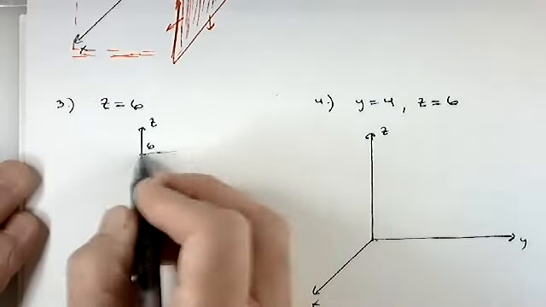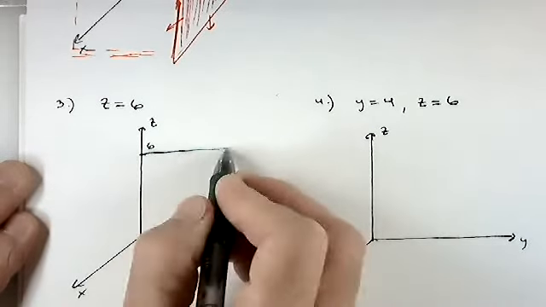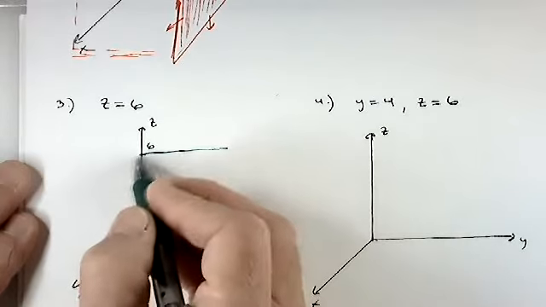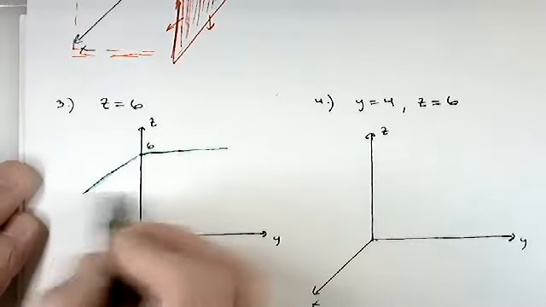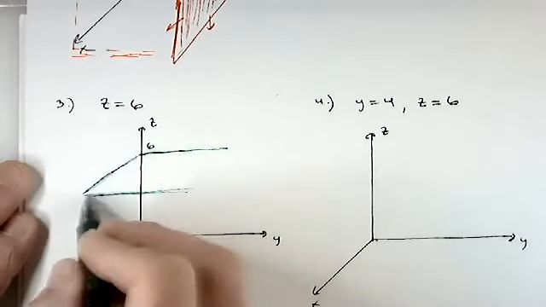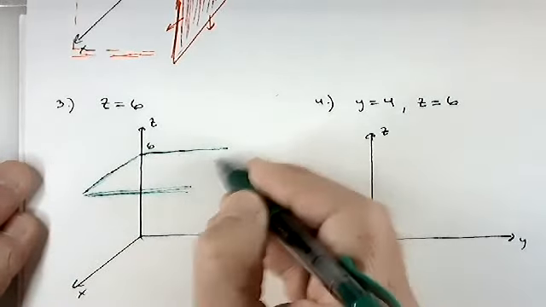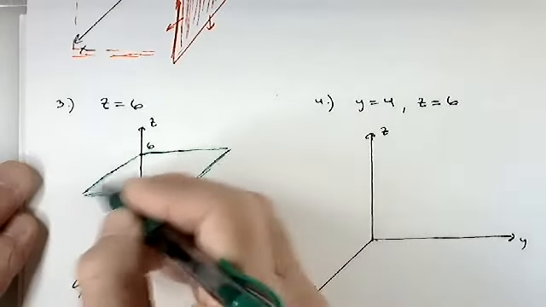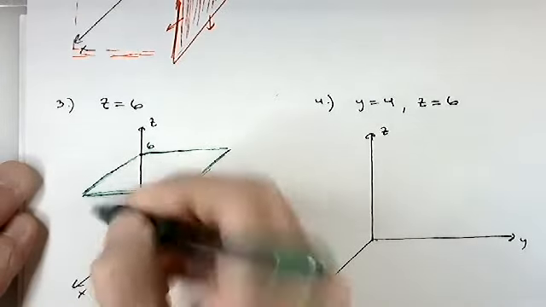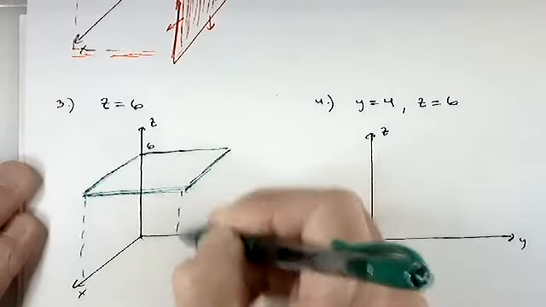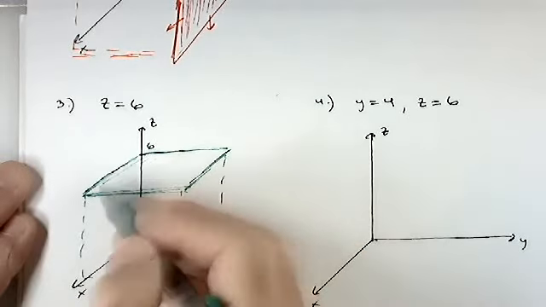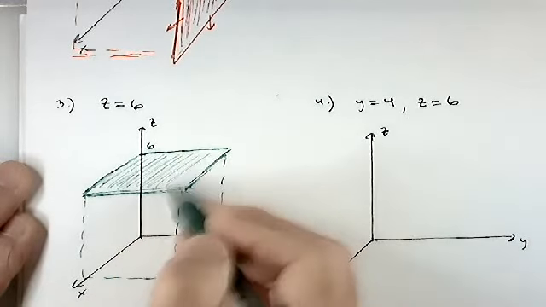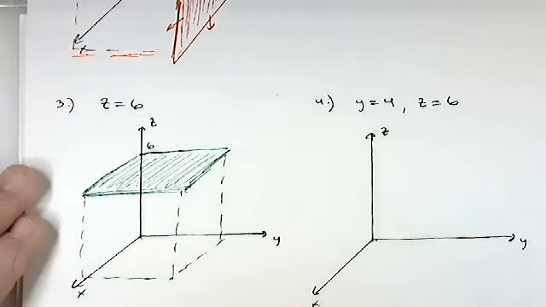So you could imagine going some distance in the y direction and a certain distance in the x direction. How far you go is totally up to you. But hopefully you're seeing, maybe if I do the same thing I did with the other one, do you see that as a horizontal plane?